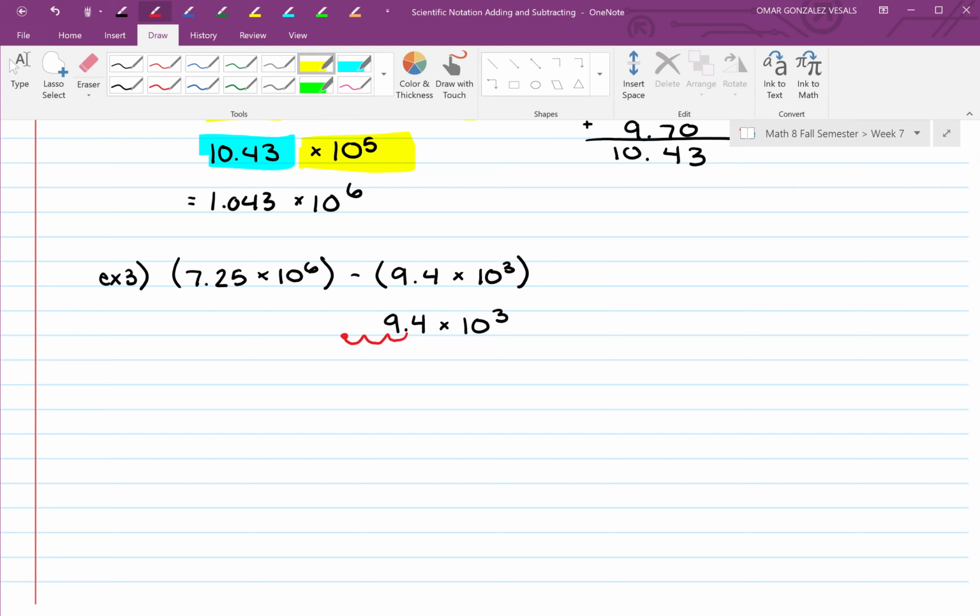So I'll highlight it. What am I adding to this 3? I'm adding 3 to it. So what's my new number going to be, Esmeralda? A little louder, girl. I can't hear you. That's perfect. 0.0094 times 10 to the 6. Great job. And we are subtracting that from 7.25 times 10 to the 6th.